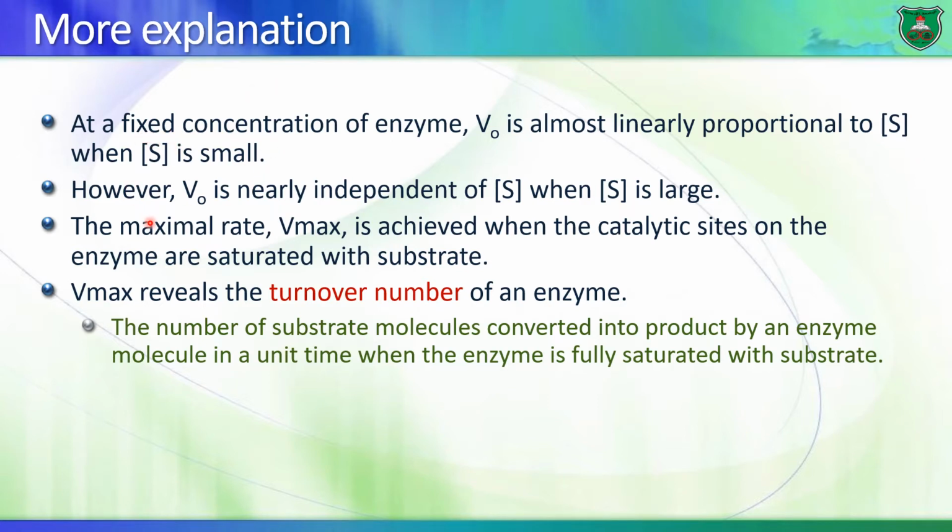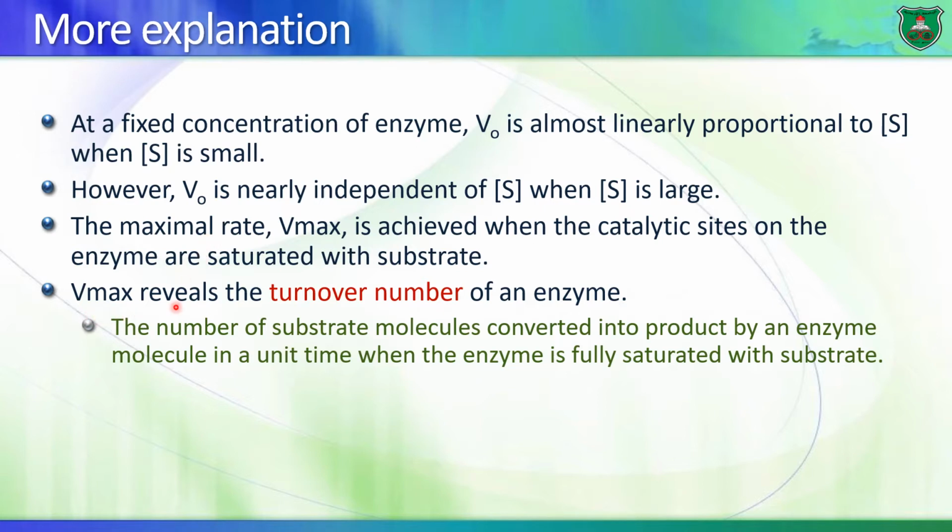But then the velocity becomes independent of the substrate when the substrate concentration is very large, until the enzyme gets to its maximal velocity, or the maximal rate of a reaction, which is Vmax, which is now independent again of the substrate, rather it depends on how good the enzyme is.